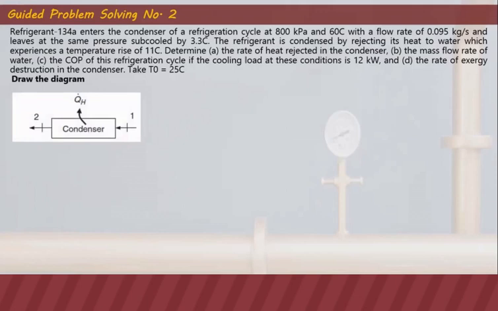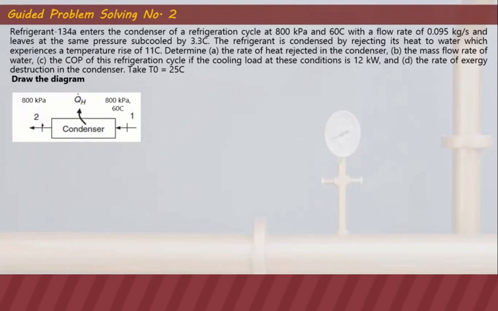So this is our condenser. As you can see, we are expending heat or expelling heat to the environment between 2 points, 1 and 2. We are given the properties at point 1, and that is 800 kPa and 60 degrees Celsius. And at point 2, since this is the same pressure, we have 800 kPa at point 2.